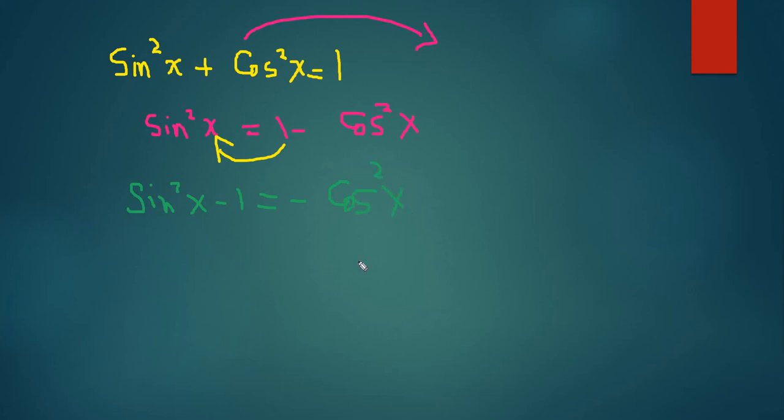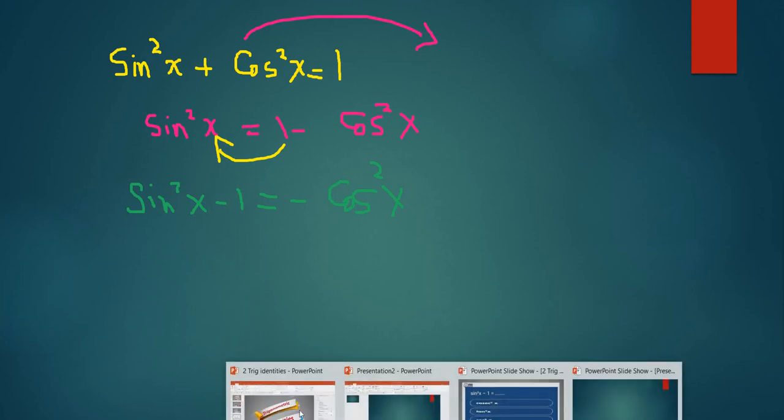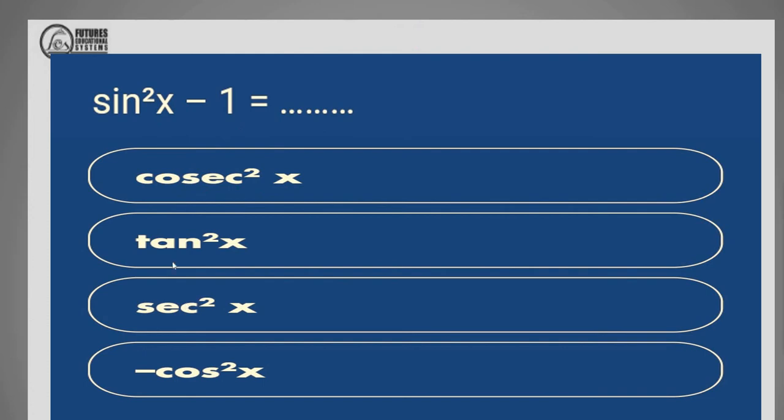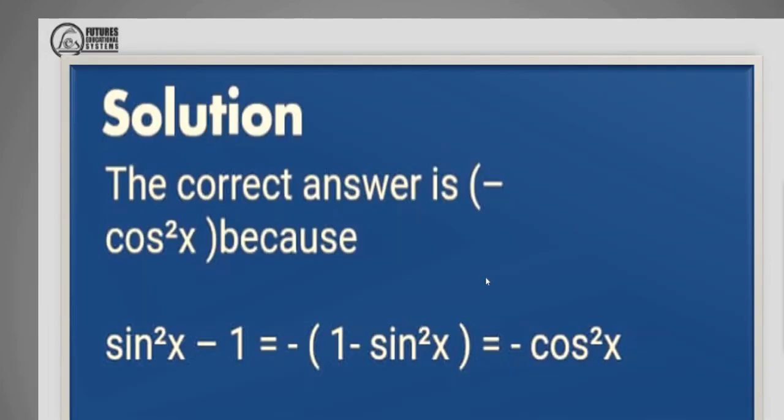This is the answer, negative cosine power 2x. The answer is letter D. Sine power 2x minus 1 equals negative cosine power 2x. This is the solution. The correct answer is negative cosine power 2x.